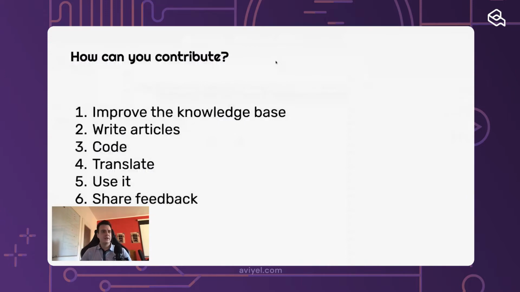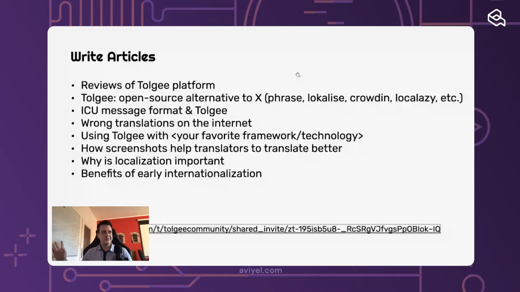Another way is that you can write articles. Thanks to Aviyel for all the articles they already wrote about us. That's great. But there are more topics you can actually cover. If you use Tolgee, it would be nice to write some reviews on our platform, or to compare it with other proprietary or open source tools which are there on the market.